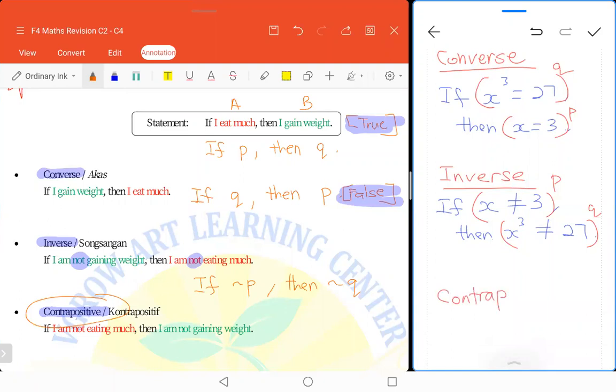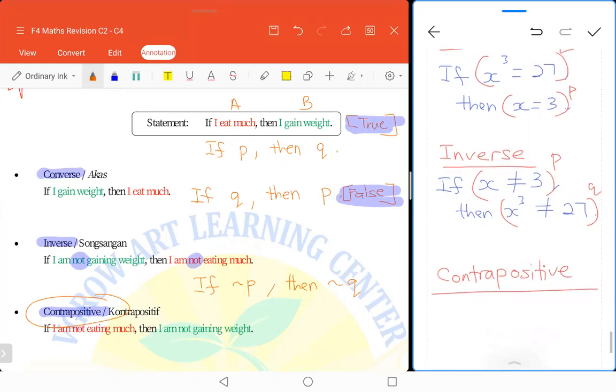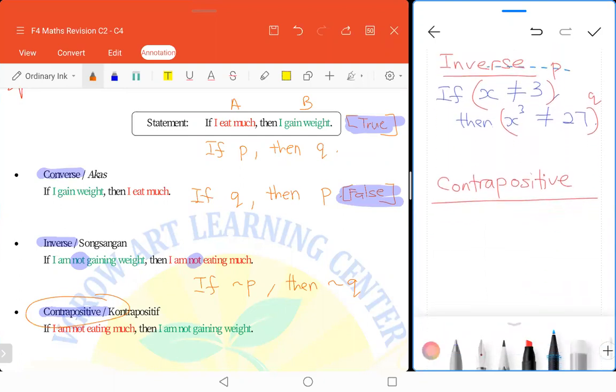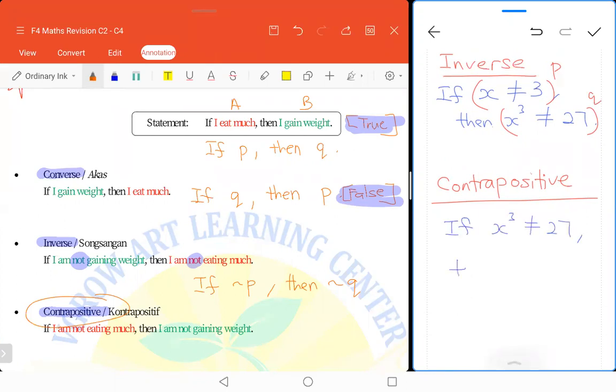Okay, refer to the inverse here. Then you change the sequence. So if x cubed is not equal to 27, then x is not equal to 3.